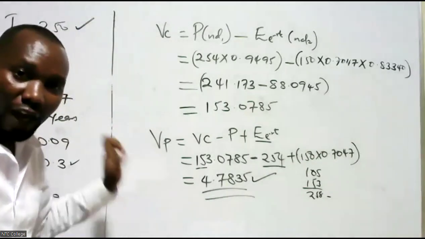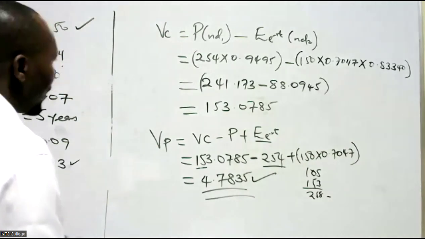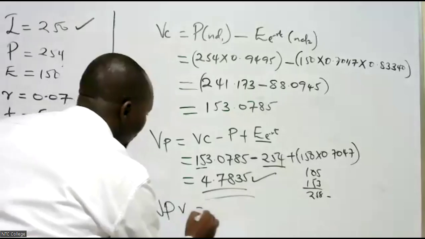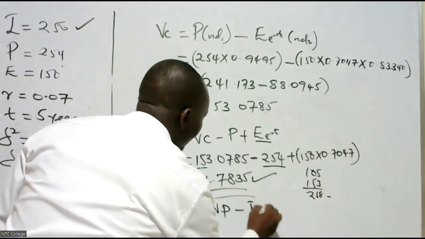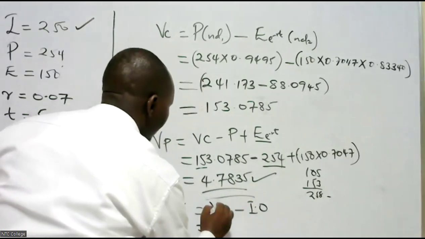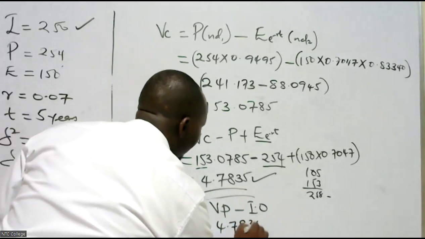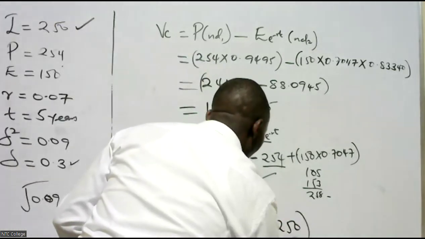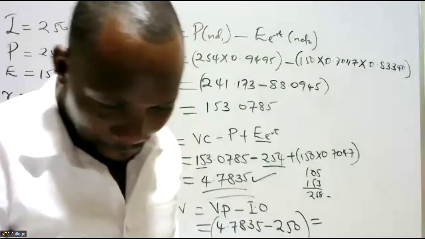If you are told now to calculate the NPV, NPV is equal to now the VP minus IO, which will be 4.7835 minus IO is 250. So what is the answer that we're getting? Negative? You get negative what?